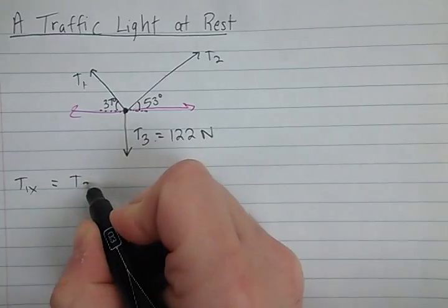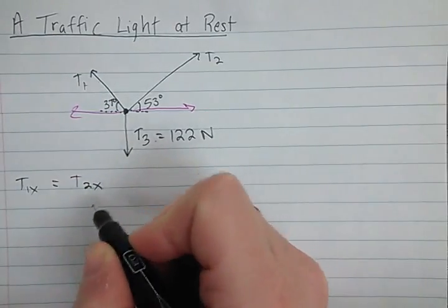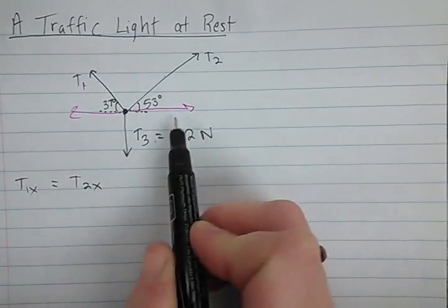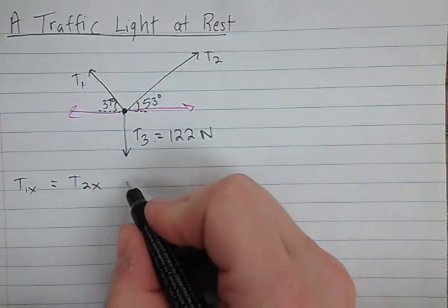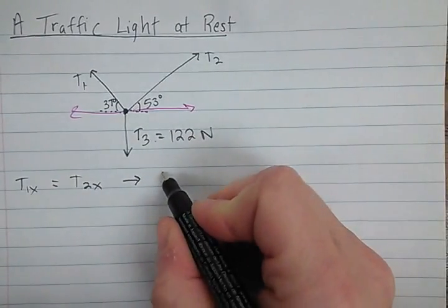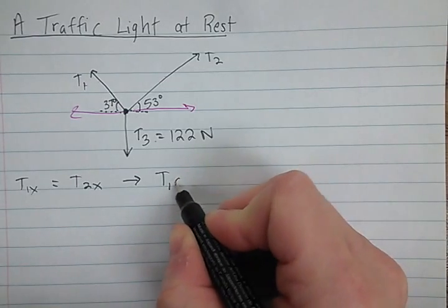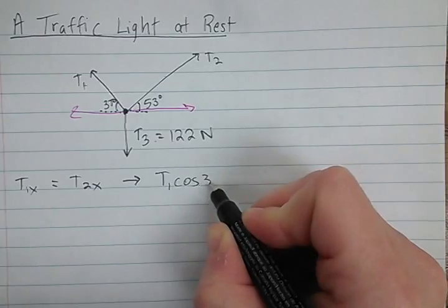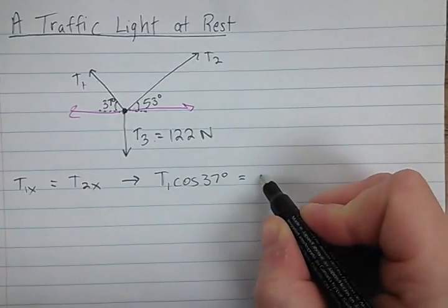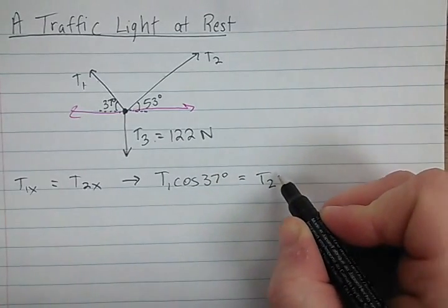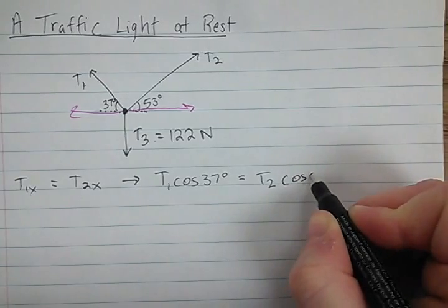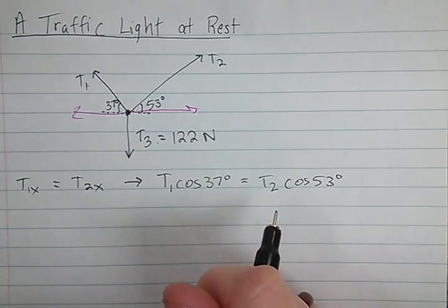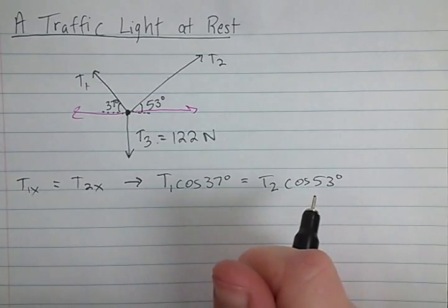And as I was just saying, T1x equals T2x. So that's because the traffic light isn't going in on either of these sides. And we know that the x component of T1 is going to be T1 times the cosine of 37 degrees, and the x component of T2 is going to be T2 times the cosine of 53 degrees. It's always better to put in numbers as soon as you can.